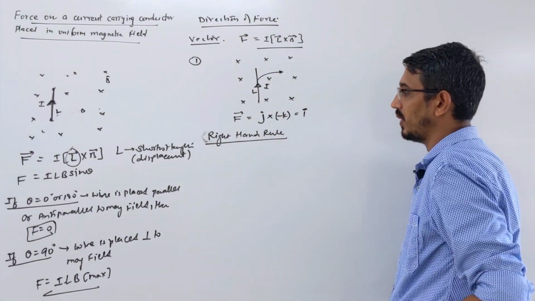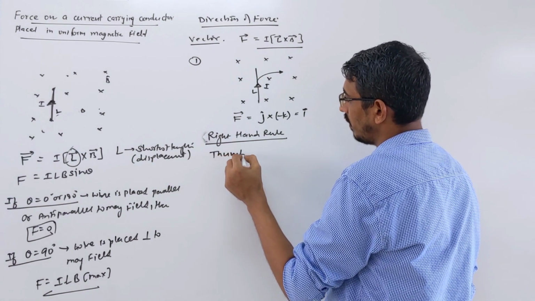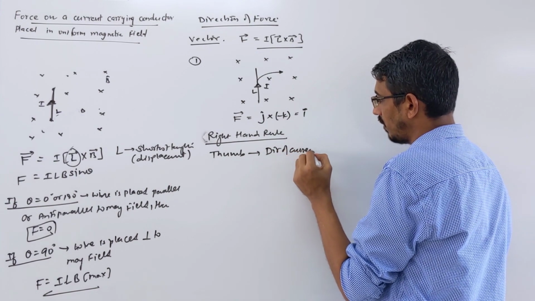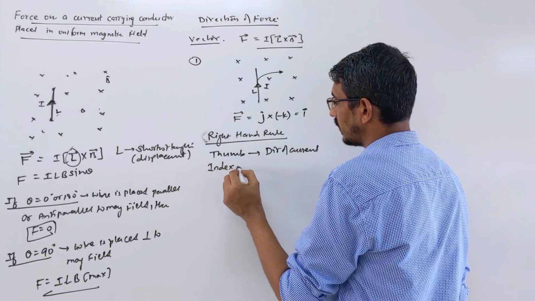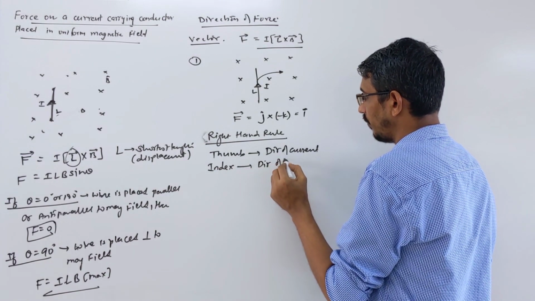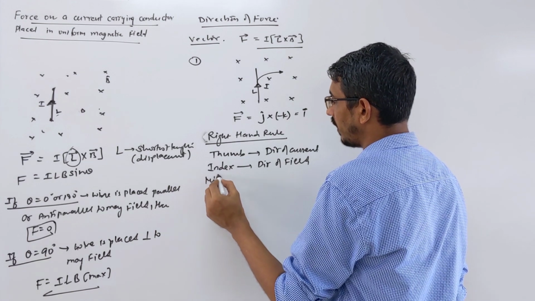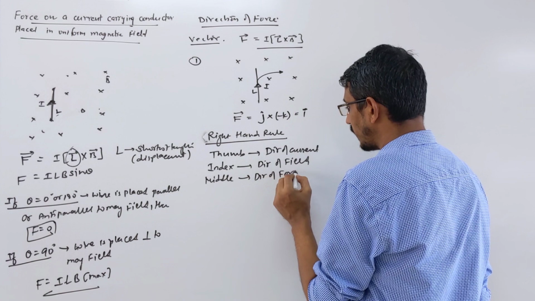So what does the right hand rule say? If your thumb shows the direction of current, then the index finger shows the direction of your magnetic field, then your middle finger will show the direction of force.